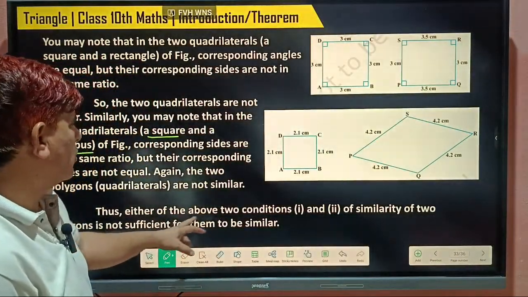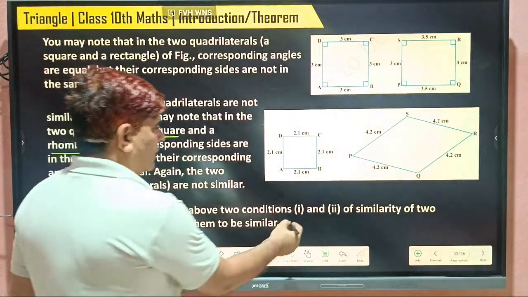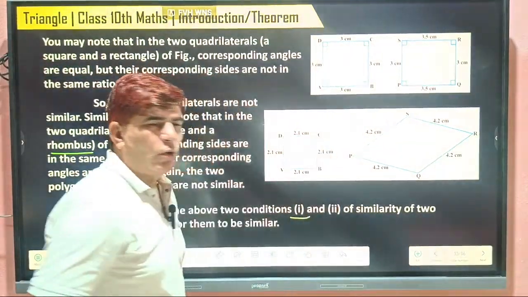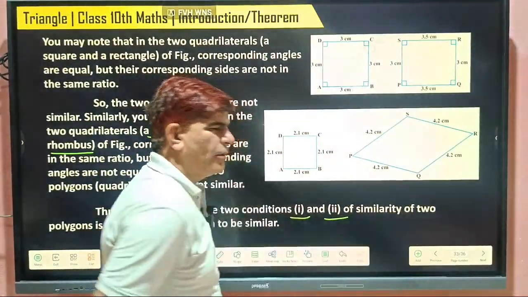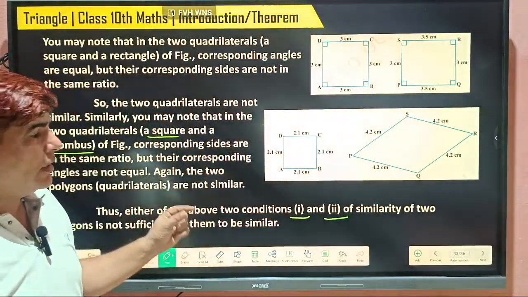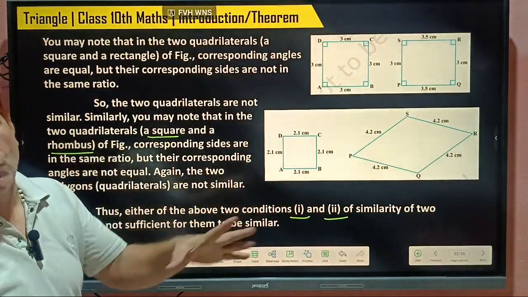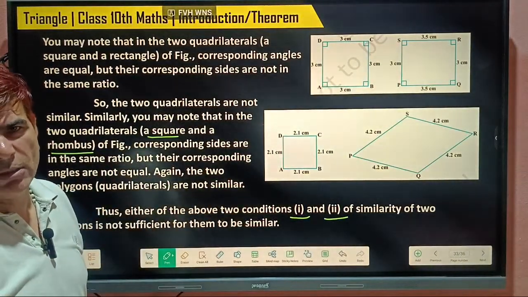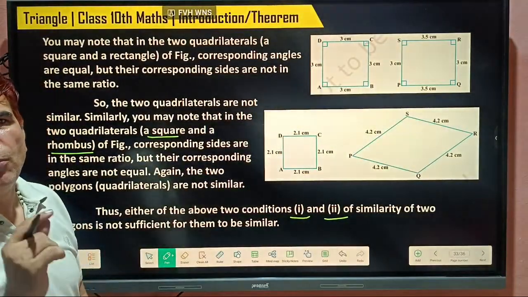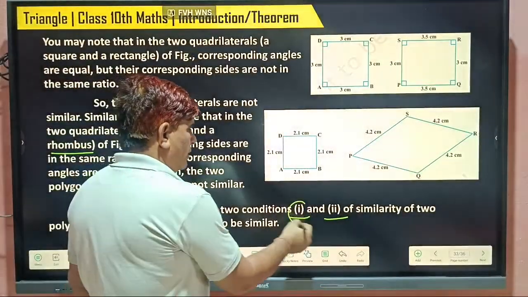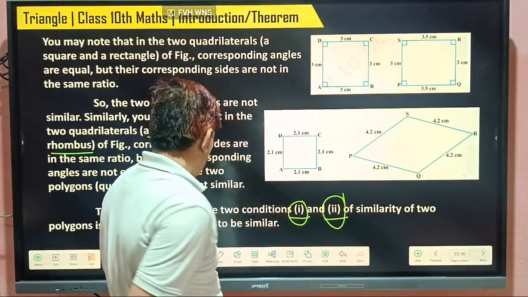So either of the above two conditions, first, corresponding angles are equal, and second, corresponding sides are in the same ratio, if any one condition is not satisfied by the two figures, it means they are not similar. If they are similar, they definitely satisfy both condition number 1 and condition number 2.